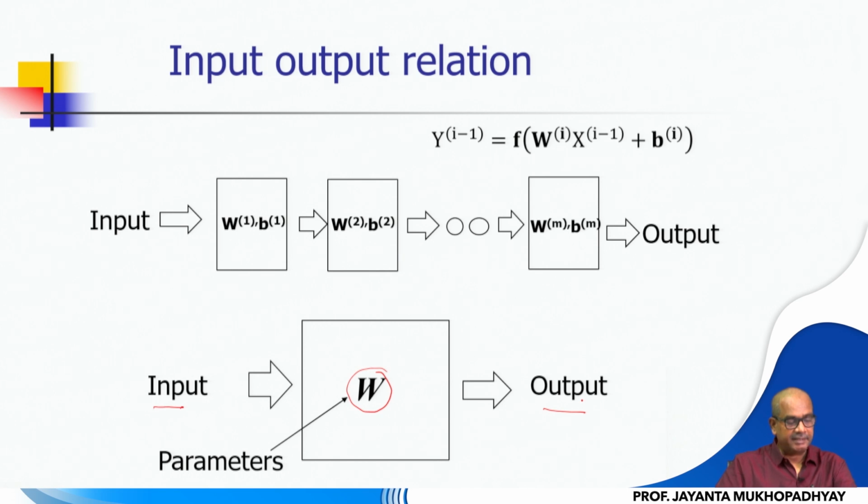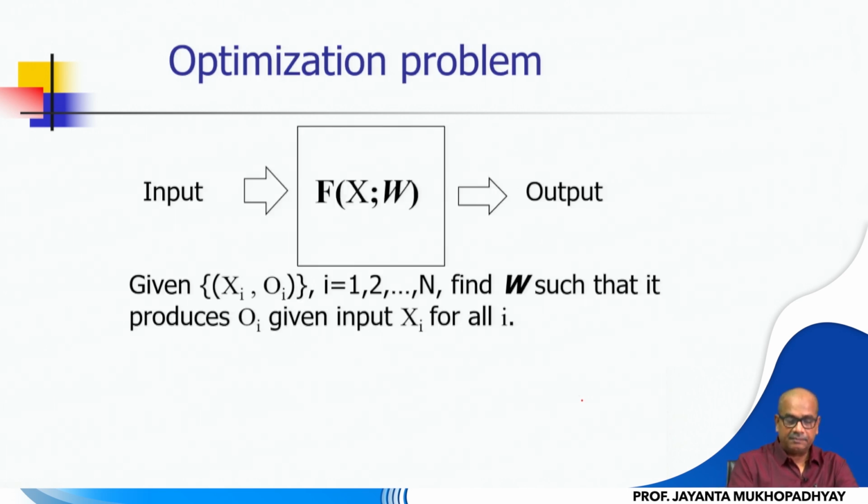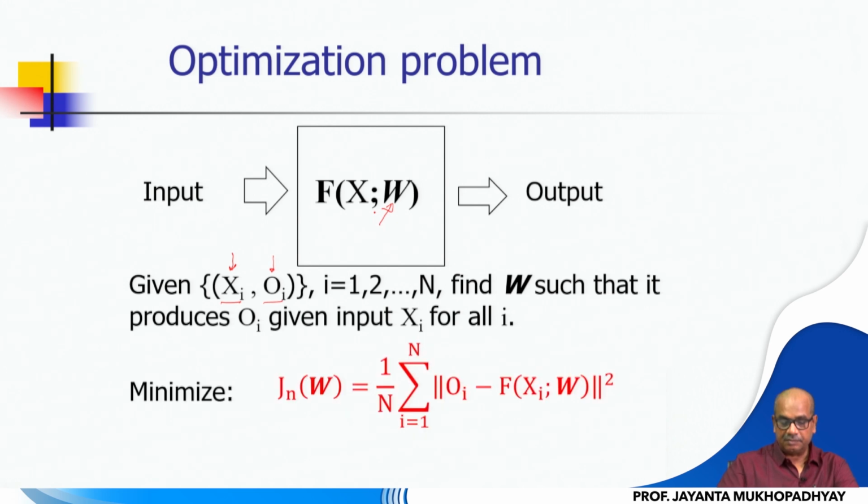You have a training data set, and in the training data set, for each training example or training input vector, you have its corresponding output vector. And you try to design your model in such a way as to get a set of parameters, represented here by the notation big W, so that you get the output.